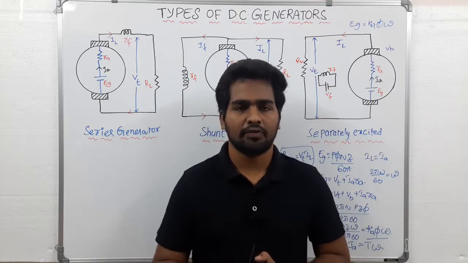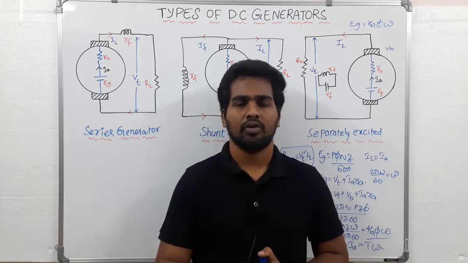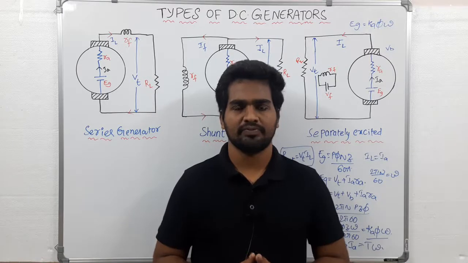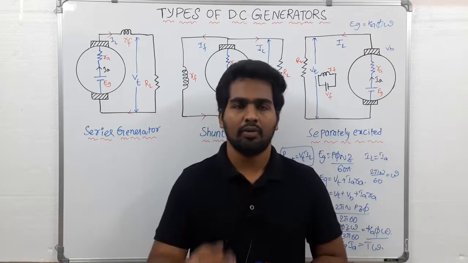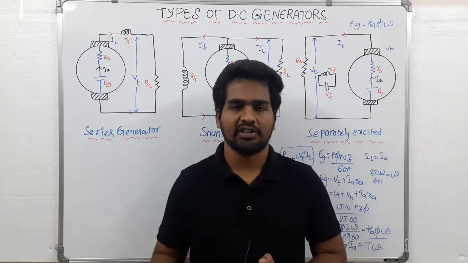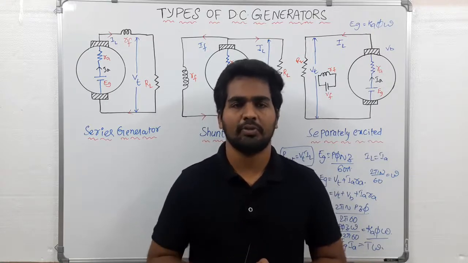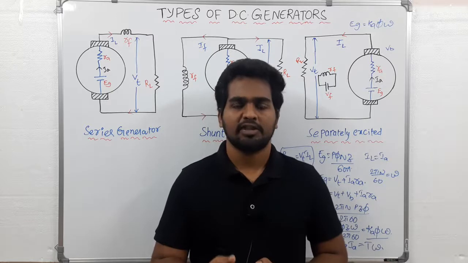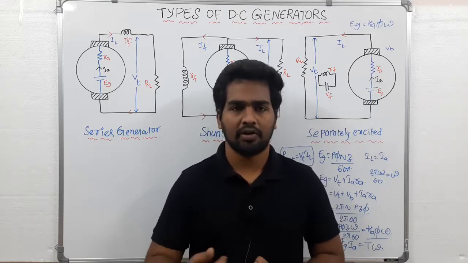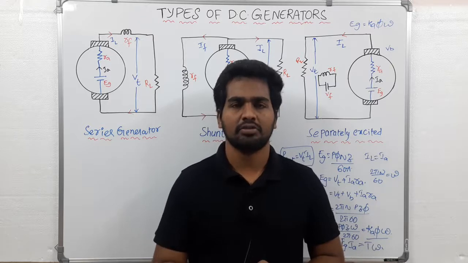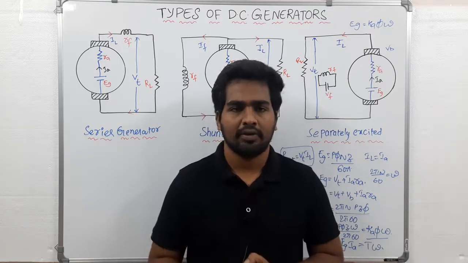And the speed of the machine should be more than the critical speed of the machine. The critical values are the values below or above which the self-excited machines fail to build up voltage. If speed is below the critical speed, the machine fails to build up the voltage.